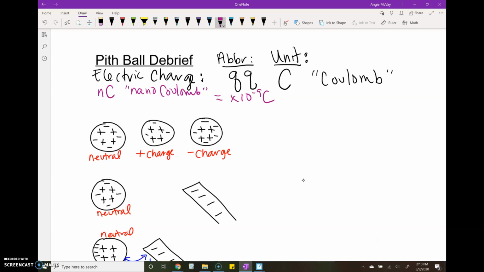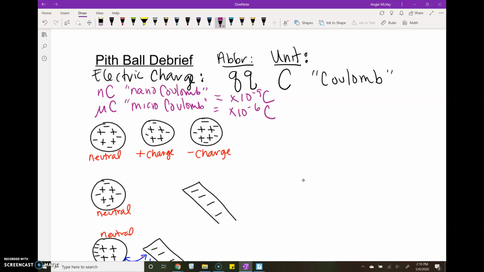So a nanocoulomb is times 10 to the negative 9 coulombs. You'll also see this abbreviation. Remember the Greek letter mu, we used it for the coefficient of friction. It's also an SI prefix that means micro. So mu C means microcoulombs. And micro is times 10 to the negative 6 coulombs.